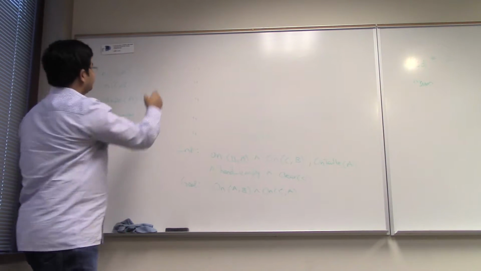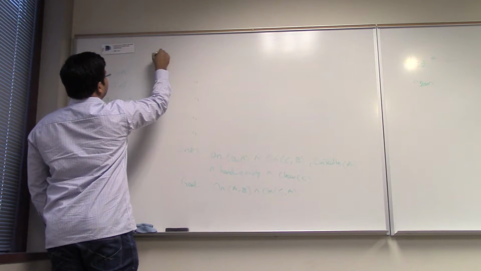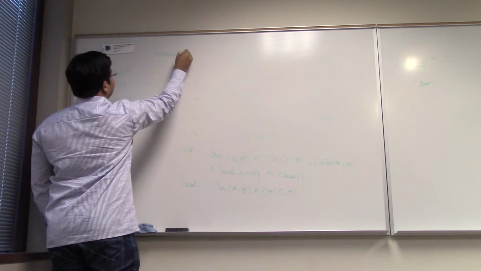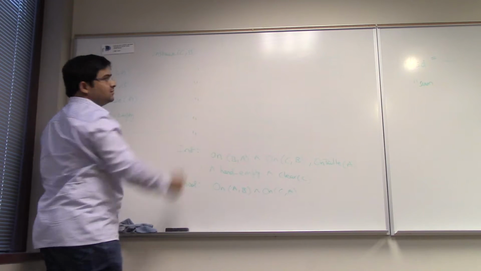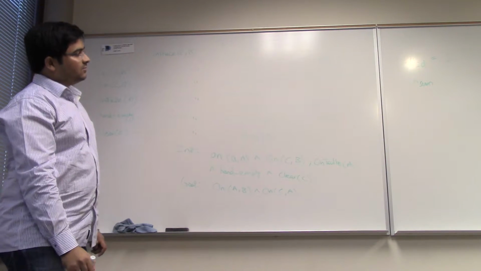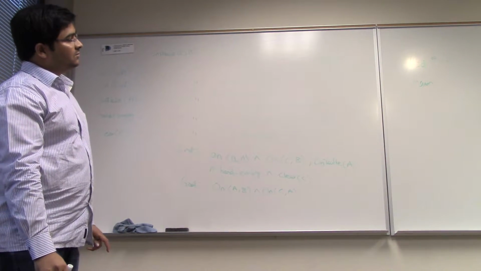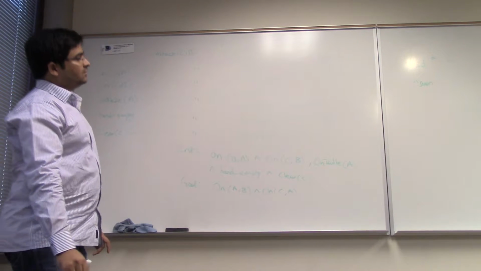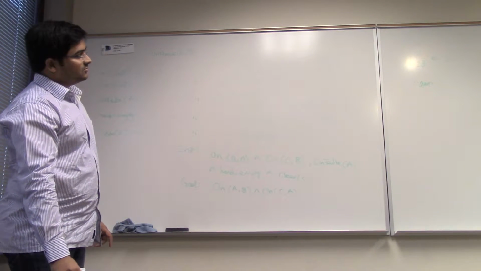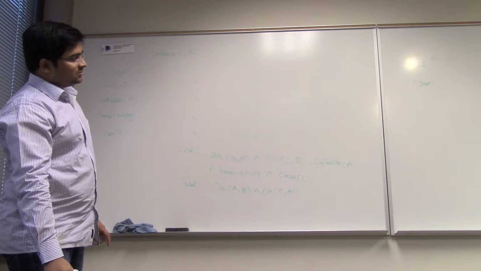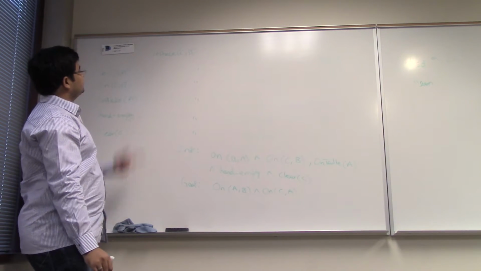I get it. So unstack C, comma B, from B. What else can we do? Nothing to pick up, nothing to put down, nothing to stack. So this is the only one.